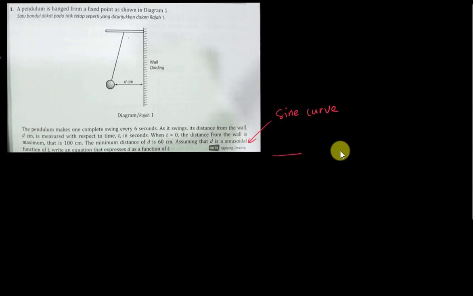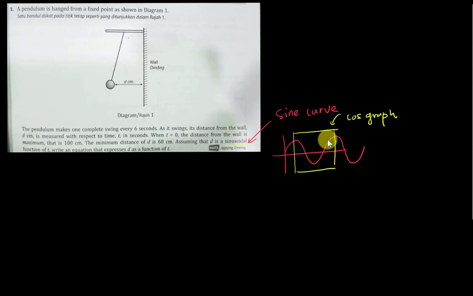It can be something like this. But if you understand, cos is basically the pattern of a sine curve. If from the sine curve here I take the middle part, this one actually is a cos graph, isn't it? So over here I want to mention this word, sinusoidal. Basically it can be sine or cos.